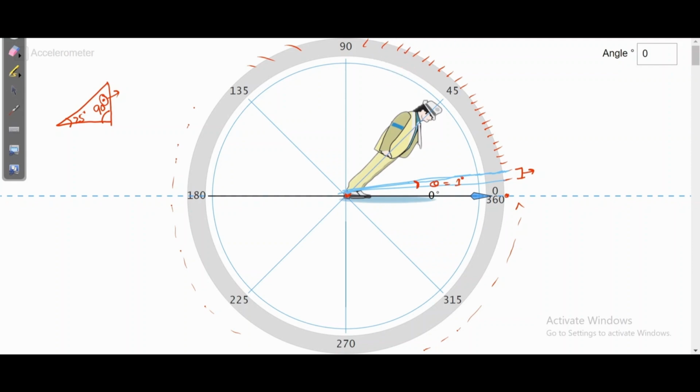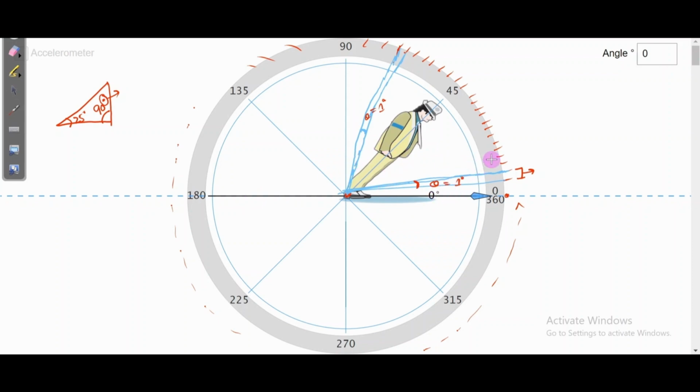So here, let's say if we consider this part, this is the initial position, and we join that with the center. This is the initial position, and this is the final position. Sorry for my bad handwriting. Here it will make some angle theta, and this angle theta for this step will be equal to 1 degree.